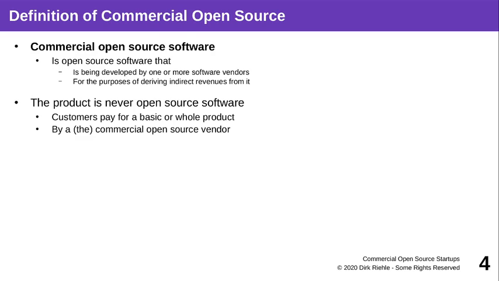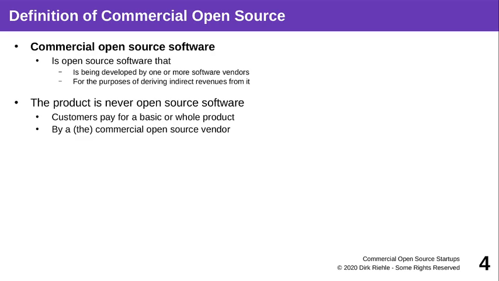You can only make money off something complementary to it. Be it as basic as providing the software for download or putting it on a CD or DVD and distributing it like that. So the revenues generated from the open source software are always indirect, something complementary to it.